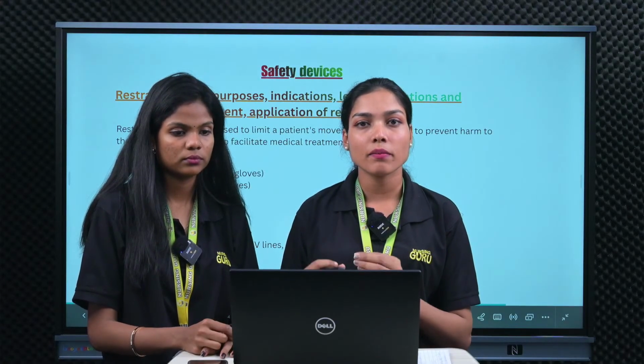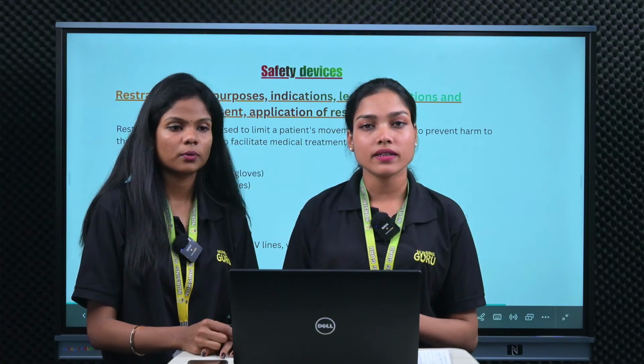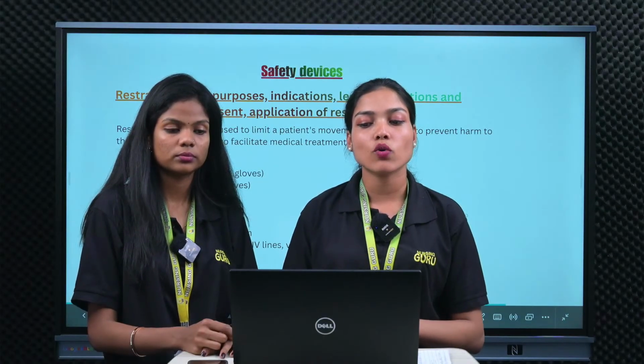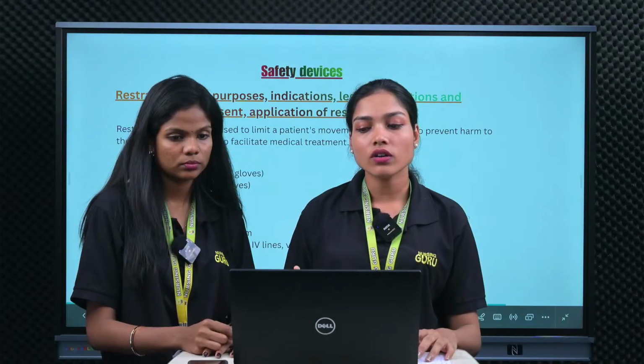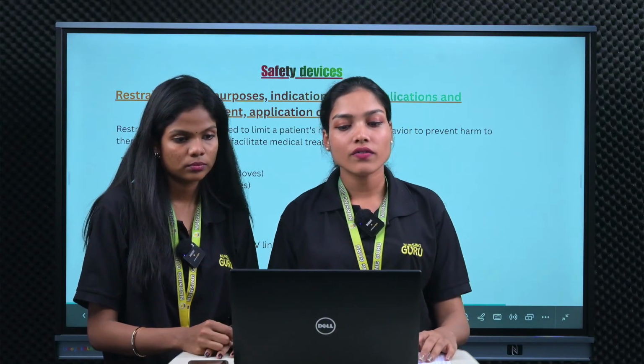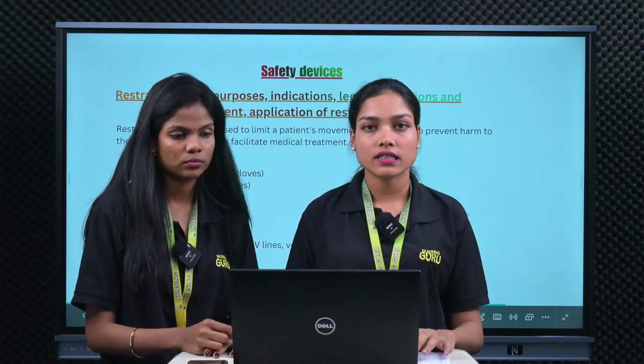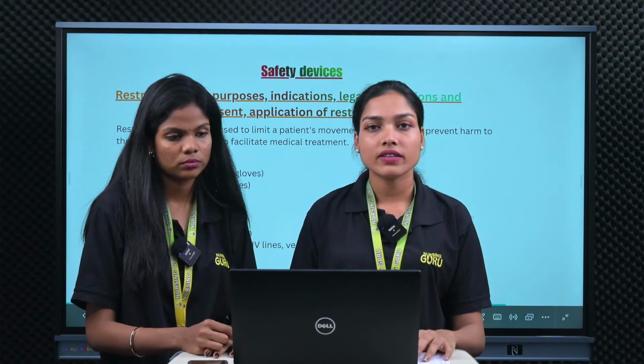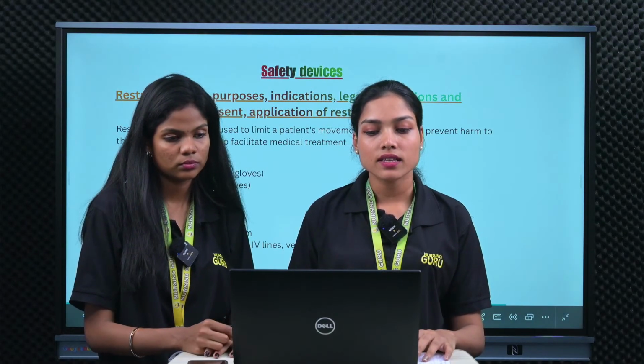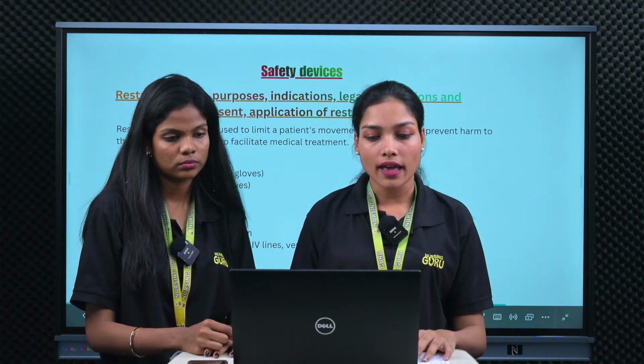So, restraints are the measures we use to limit a patient's movement or behavior, to prevent harm to themselves or others or to facilitate medical treatment. That is restraints. Then types of restraints. First one is physical. Physical examples: straps and gloves.